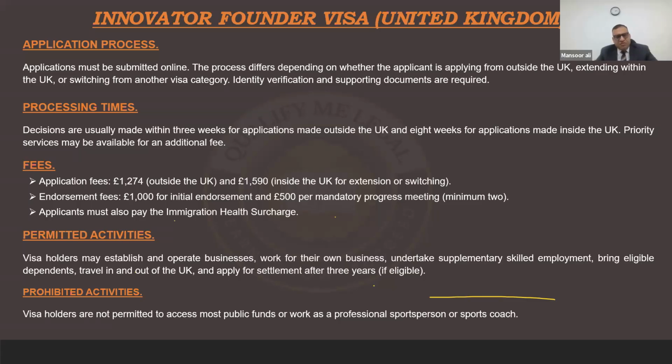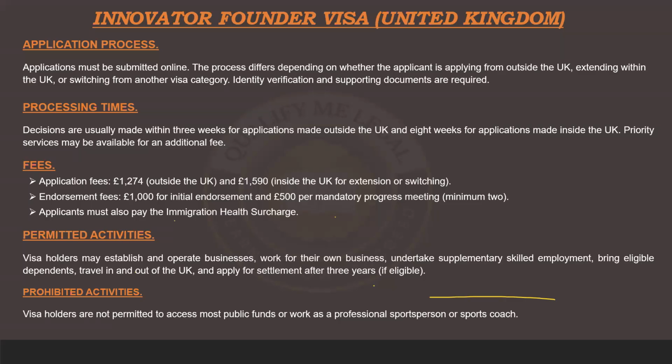Third stage, you need to apply to the endorsement body in order to approve that business plan. At that stage, you need to pay £1,000. After this endorsement, you need to apply for your visa. At that stage, you would pay the application fee plus the immigration health surcharge fee. So this is how the whole fee structure is split.